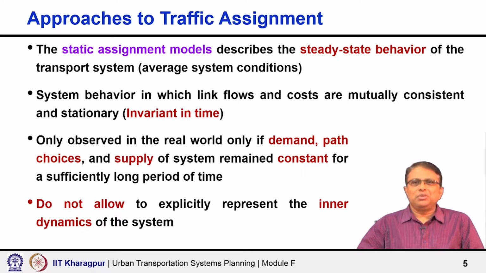In reality, whatever happens at 10 o'clock will also influence the network state at 10:15. The way people have taken routes at 10 o'clock will influence the immediate state, say if I take time interval t, the state at t plus delta t will depend on what happened at time interval t. That kind of thing we are not considering here.